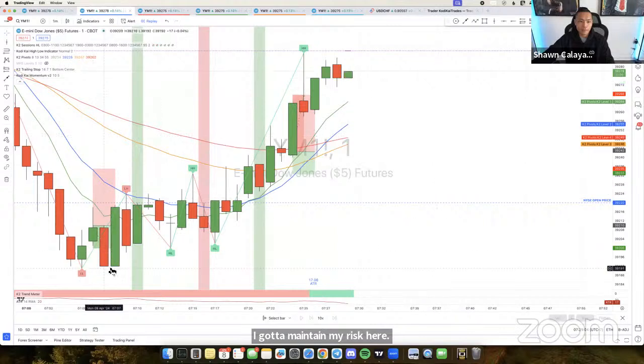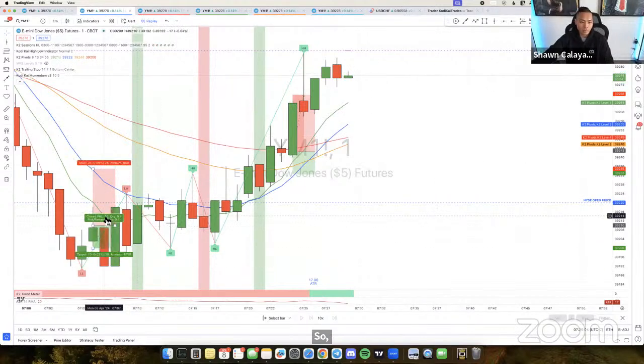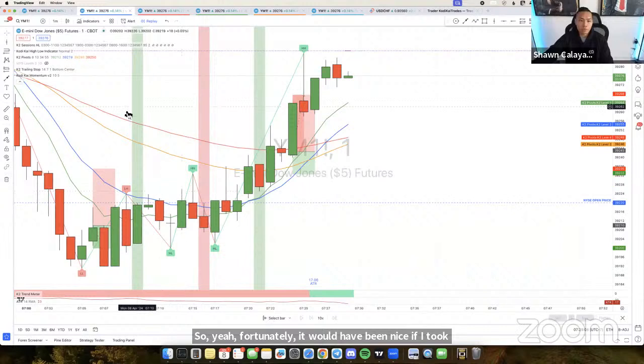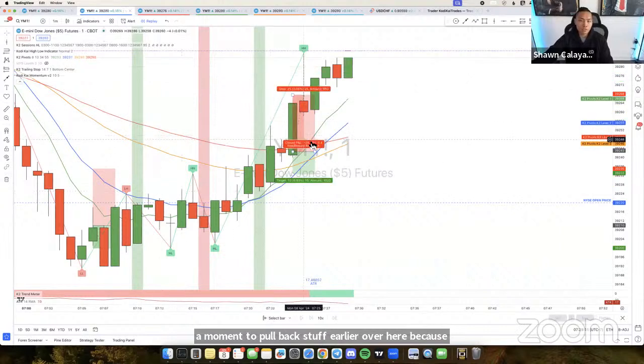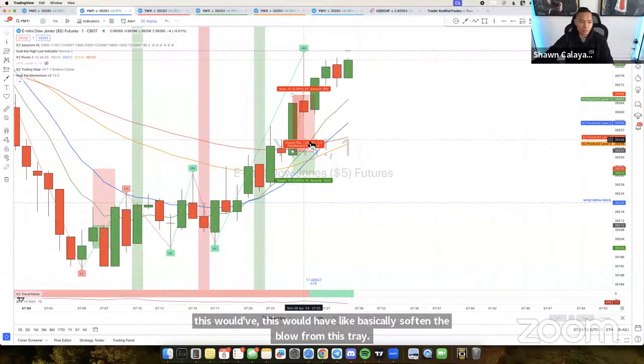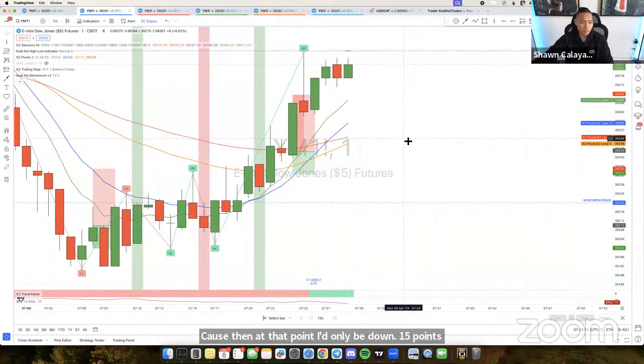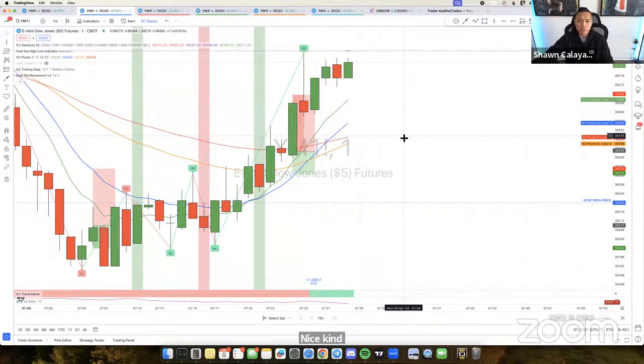So yeah, unfortunately, it would have been nice if I took the momentum pullback scalp earlier over here because this would have recouped. This would have softened the blow from this trade. Because then at that point I'd only be down 15 points versus 25.